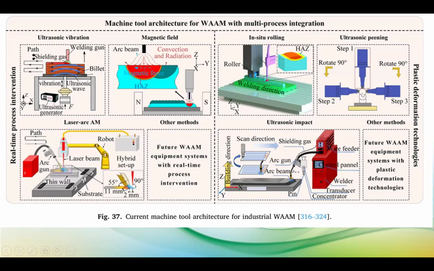Here, two jets, or two nozzles, will be there. The first nozzle will be placing a reinforcement fiber in the substrate, and that fiber will be fed from a feeder mechanism. You can see in this figure the filament, showing manufacturing of a composite.